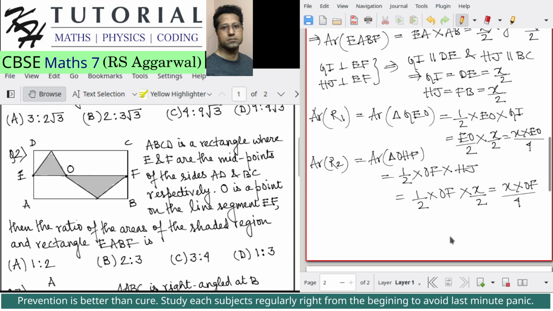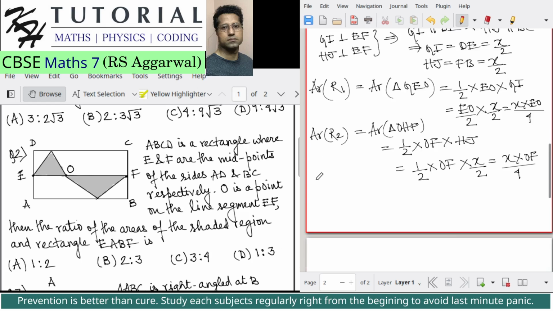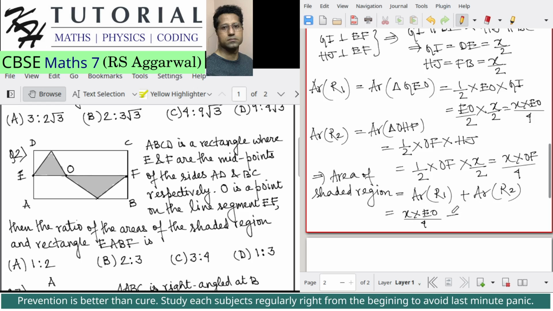Okay. So what is now the area of the shaded region? Area of the shaded region becomes area of the region R1 plus area of the region R2. Area of R1 was x multiplied by EO divided by 4, and area of the region R2 is x multiplied by OF divided by 4.